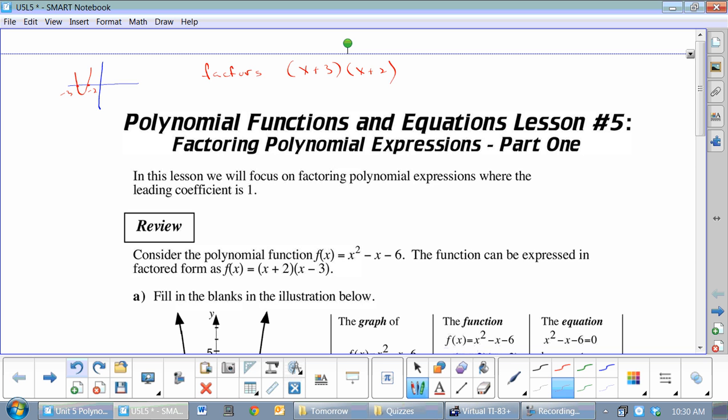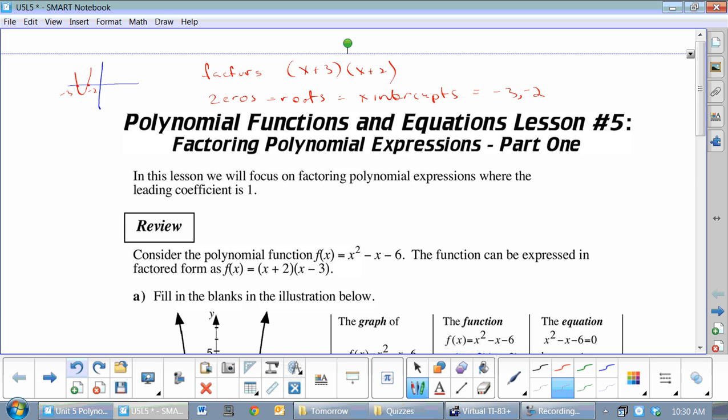Okay? Very different from the zeros, which equals roots, which equals x-intercepts, which would equal -3 and -2, right?